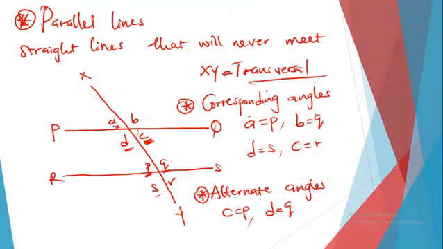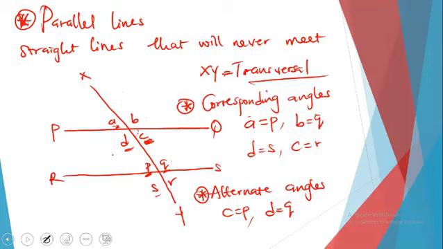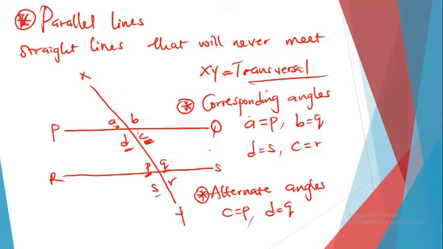So we write, under opposite angles: A is equal to C, B is equal to D, P is equal to R and Q is equal to S.